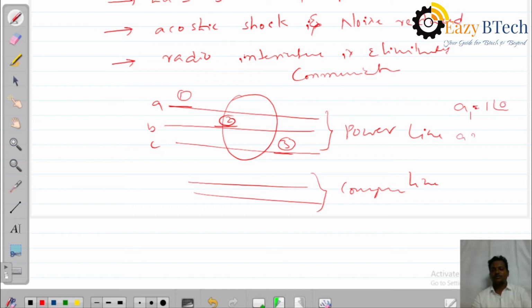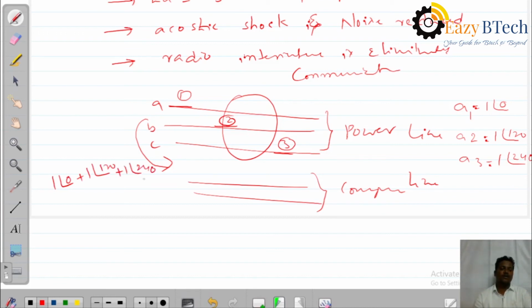At position 2, it is 1 at an angle 120. At position 3, it is 1 at an angle 240. Therefore, the induced voltages in the communication lines are 1 at an angle 0 plus 1 at an angle 120 plus 1 at an angle 240, which equals 0. That's why the radio interference, or the induced voltages from power lines to communication lines, is reduced in the transmission system with the help of transposition.